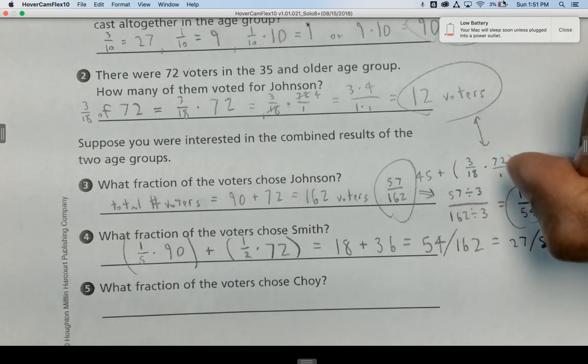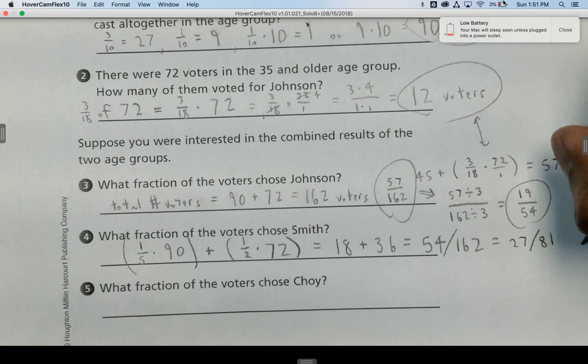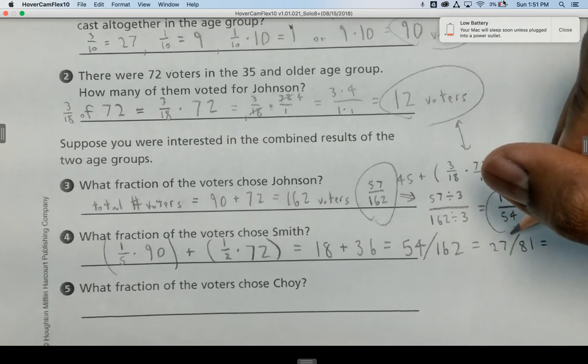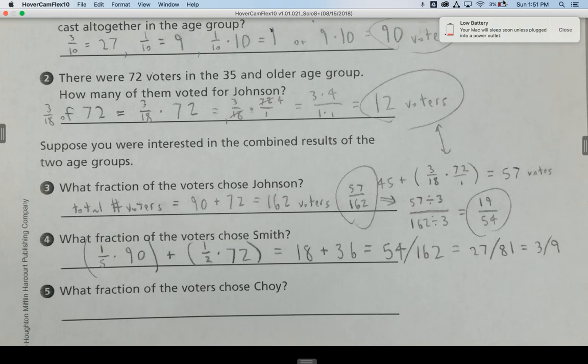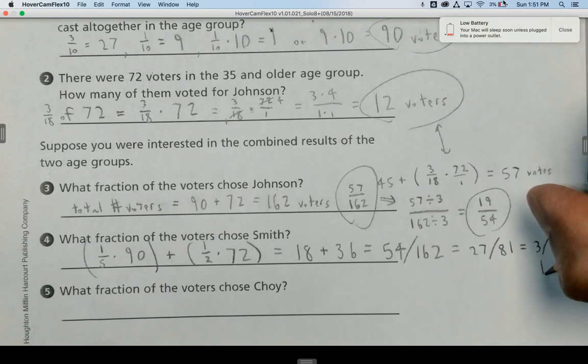Oh, we can go further. I can divide both of these by 9. 27 divided by 9 is 3. 81 divided by 9, oh, is 9. I can keep reducing this. What's 3/9 in simplest form? Dun, dun, dun. 1/3 of the total voters.